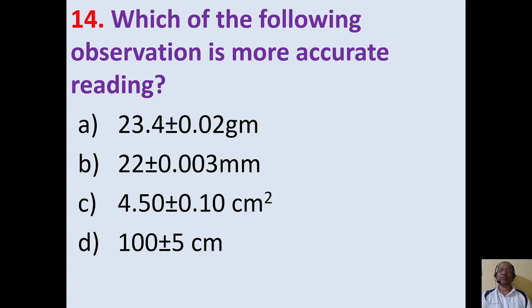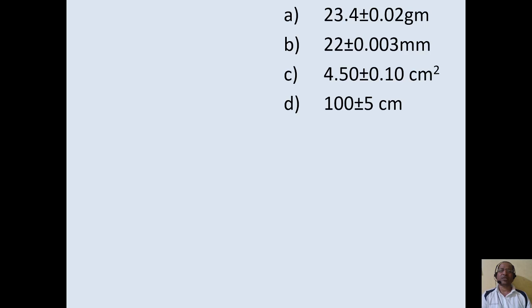Now in the 14th problem we are given 4 observations, and from these 4 observations we have to find which one is the more accurate reading. For each observation we have to find the percentage error, and the measurement with less percentage error will be more accurate. So let us find the percentage error in all these 4 measurements. To find the percentage error we use the formula percentage error is equal to average absolute error upon average reading into 100.